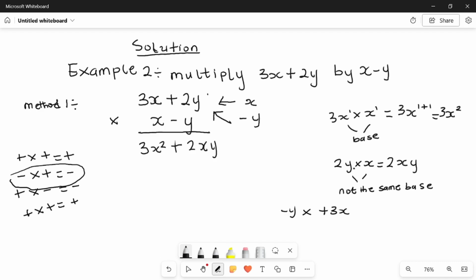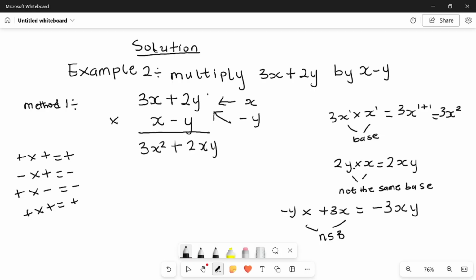Minus times plus will give us what? Minus. Then like I did before, when you are multiplying y times 3x, the 3 will come out as the coefficient. Then y times x, since they are not the same base, you simply write them as xy, because you cannot add their powers.